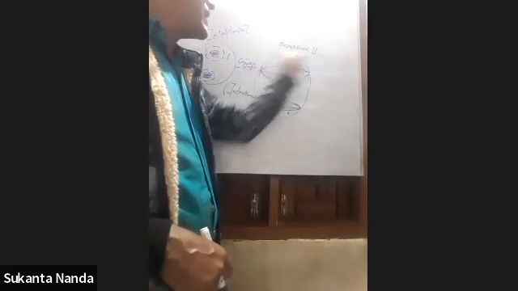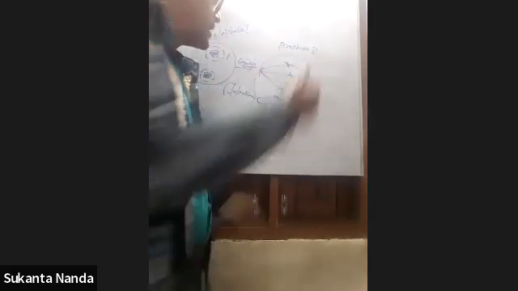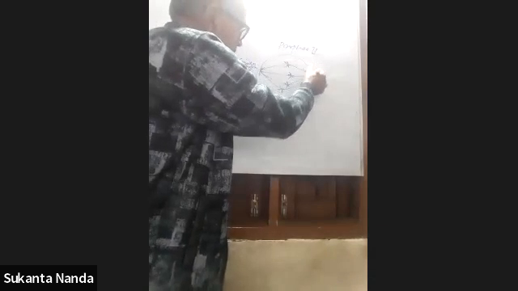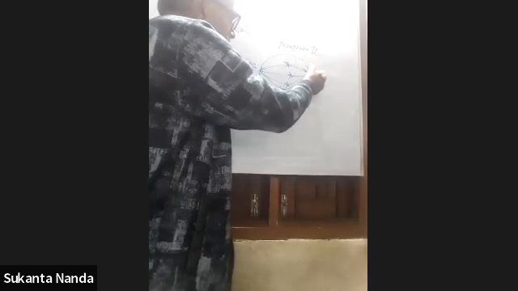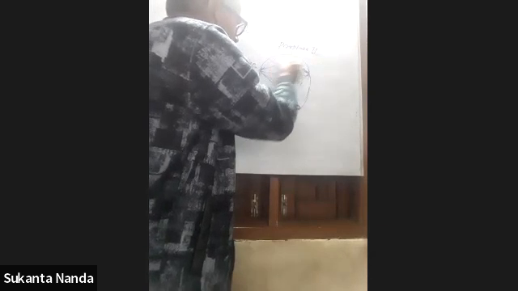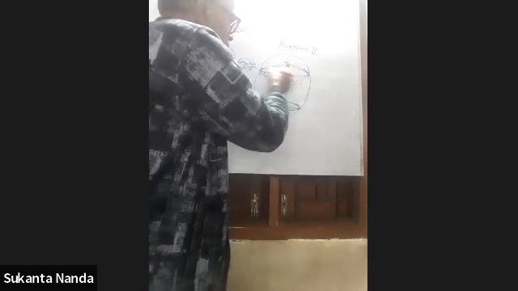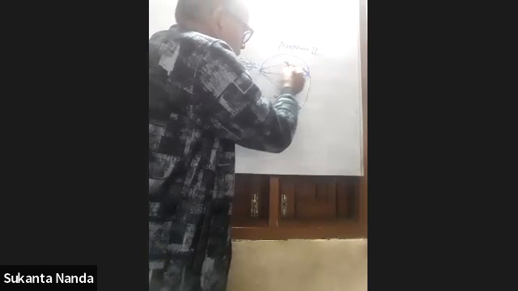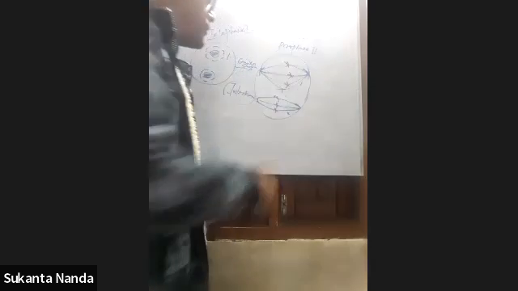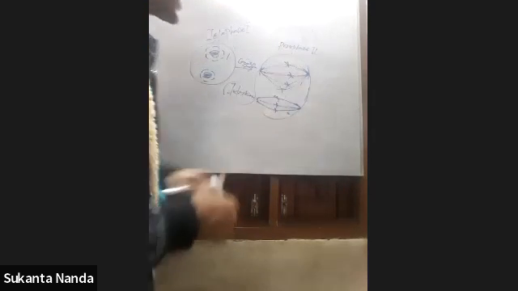This is called equational division. The centriole moves to the opposite pole, then microtubules develop and the spindle fibers join the chromosomes. Each chromosome has 2 kinetochores, and each kinetochore joins with an opposite spindle fiber. That happens in prophase 2.